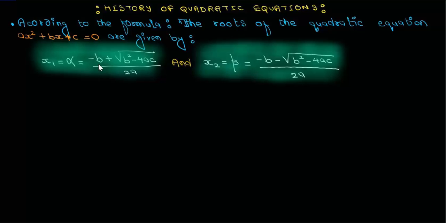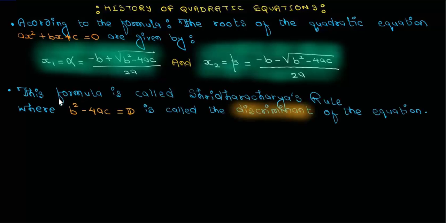So by simply looking at the equation, because we know a, b, c belong to real numbers, we will be able to find the two roots, x1 and x2, or alpha and beta. This formula is called Sridharacharya's rule, where b square minus 4ac equal to D is called the discriminant of the equation.